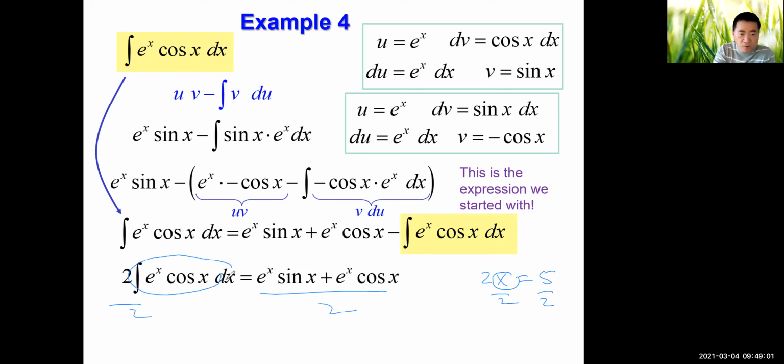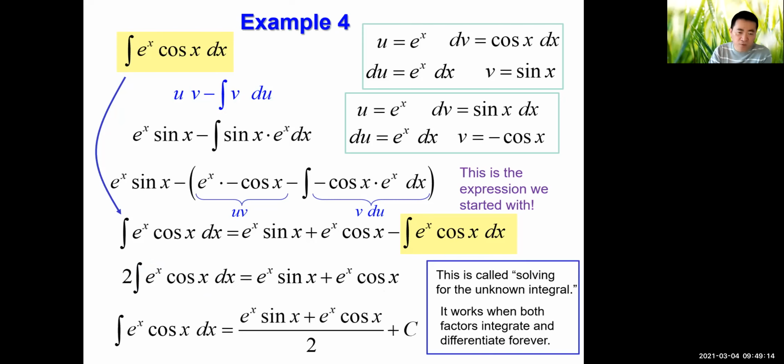Then the unknown integral is this over 2. Divided by 2, and we're done. Don't forget to add the c, the constant of integration. So it's going to be this over 2.